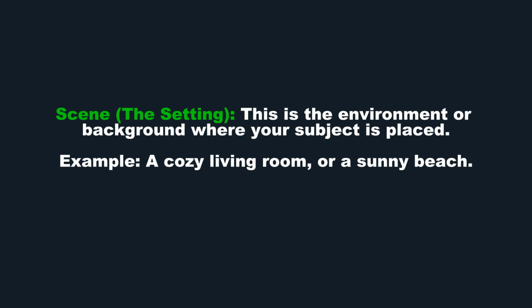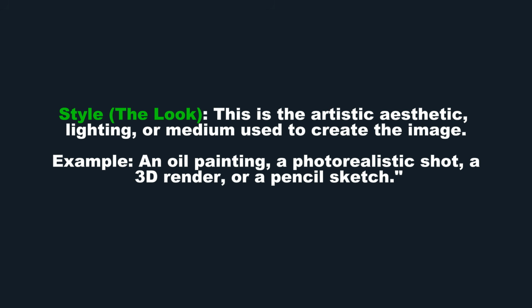Scene, the setting. This is the environment or background where your subject is placed. Example, a cozy living room or a sunny beach. Style, the look. This is the artistic aesthetic, lighting, or medium used to create the image. Example, an oil painting, a photorealistic shot, a 3D render, or a pencil sketch.